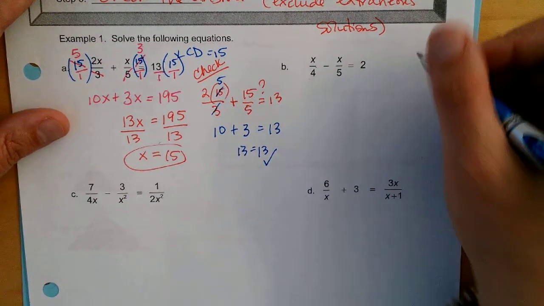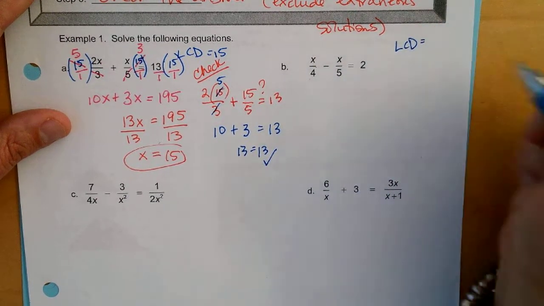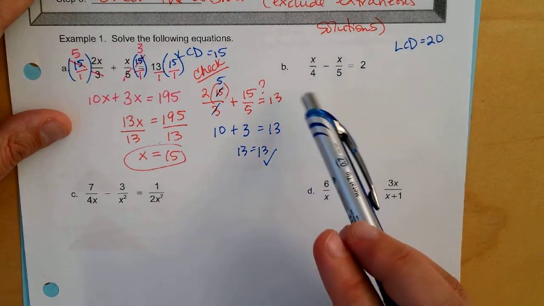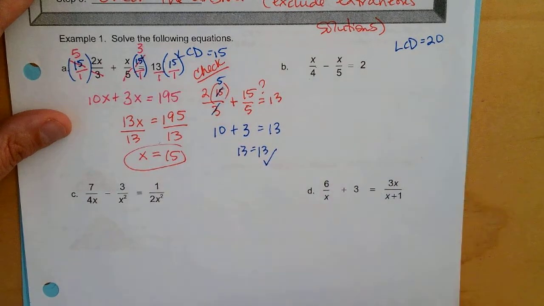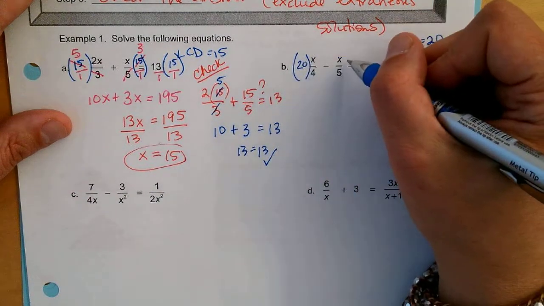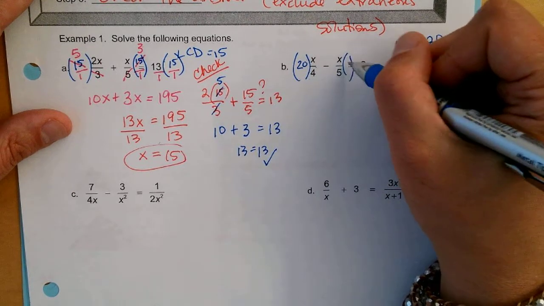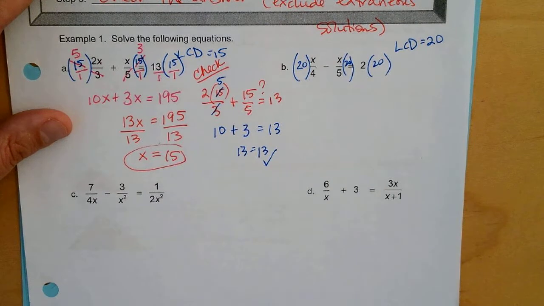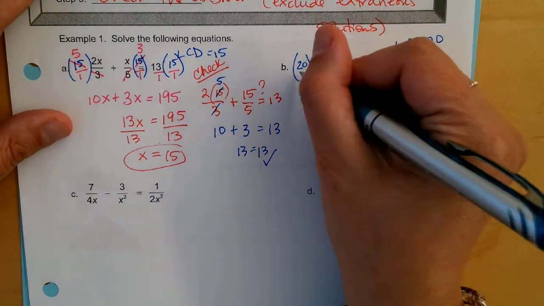Okay, so what's the lowest common denominator here? 20. And how'd you get that? 4 times 5, right? Okay, so if I multiply both sides by 20, that means I'm going to multiply every single term by 20, both sides of the equation. Okay, and so we have 20 over 1.